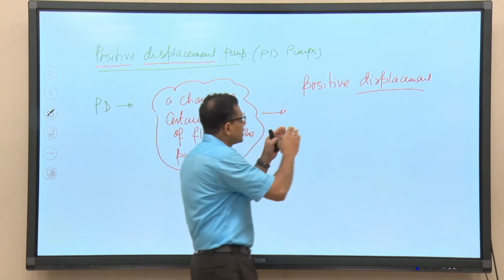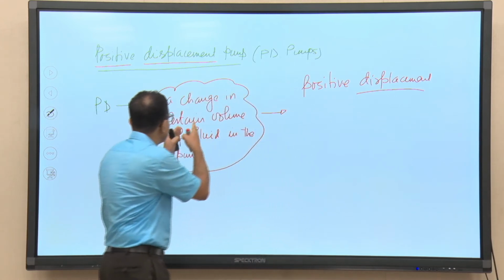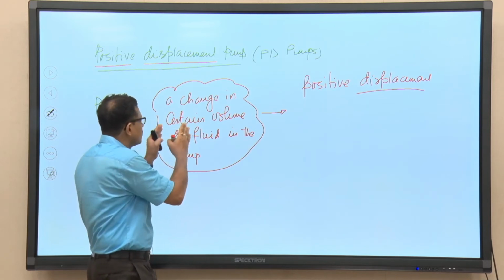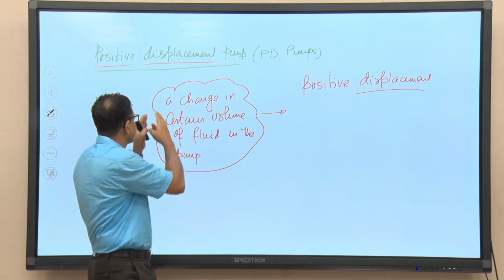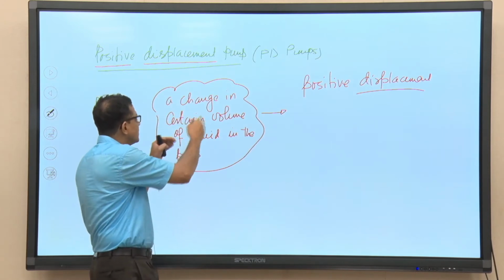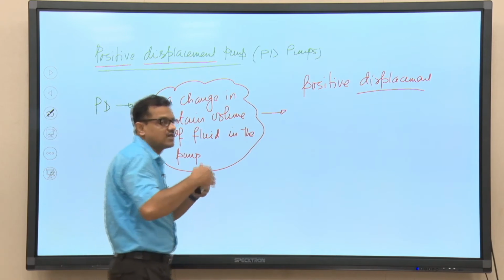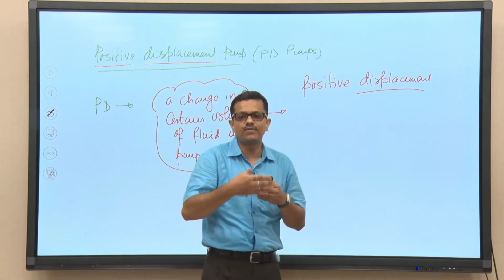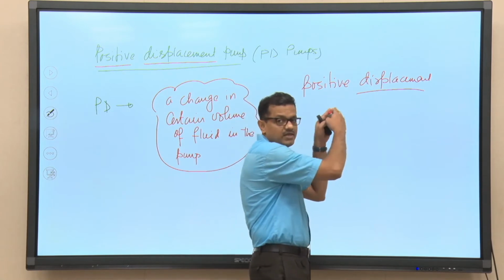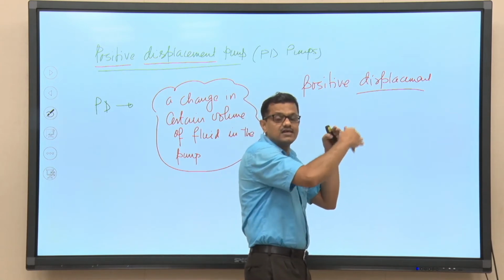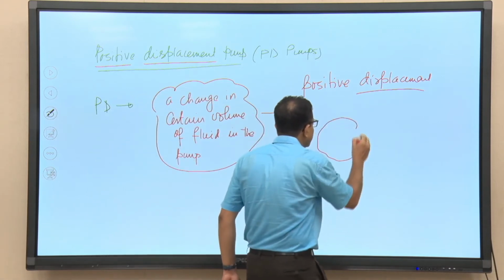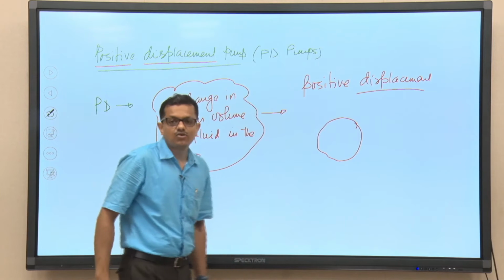A change in a certain volume of fluid in the pump is the key sentence; in fact, the functioning of these pumps depends on this. When there is a change in a certain volume of the fluid, there will definitely be displacement of the fluid being handled by the pump. The word positive comes from the fact that there is a physical displacement of a certain mass of liquid as a control mass system.